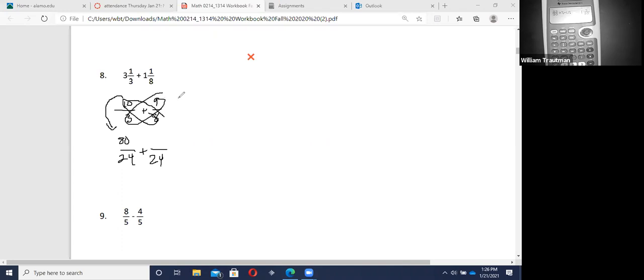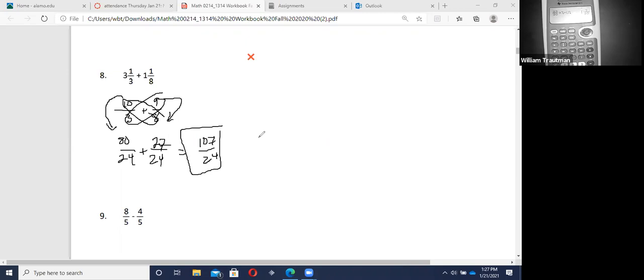Multiply these two. 3 times 9 is 27. Since the bottoms are the same, we add the tops, and we don't touch the bottom. So that's an answer. And you can try to reduce that. I don't think it reduces. You can try it on your calculator also.